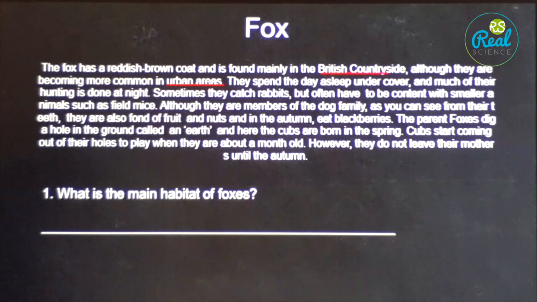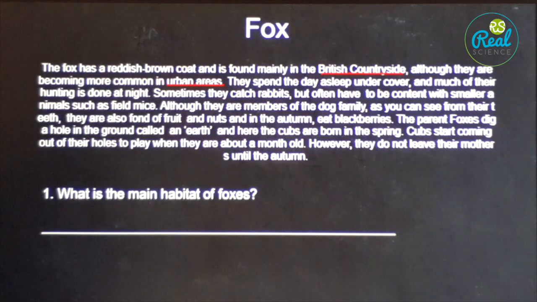Because it says there are many areas where foxes live. What does "more common" mean?